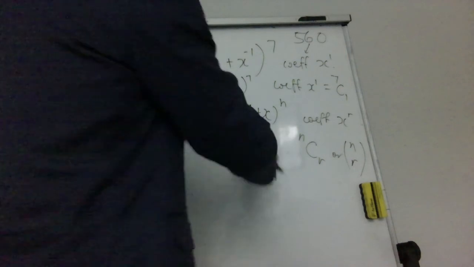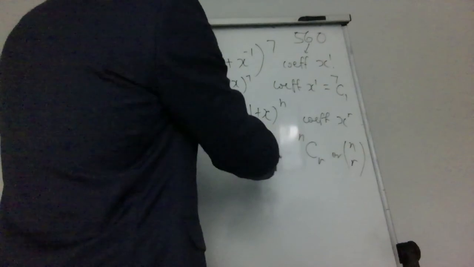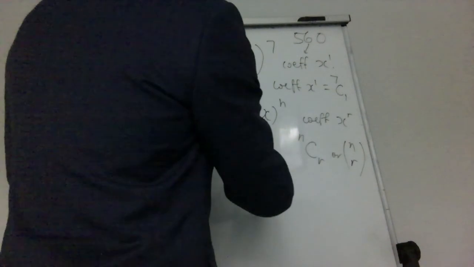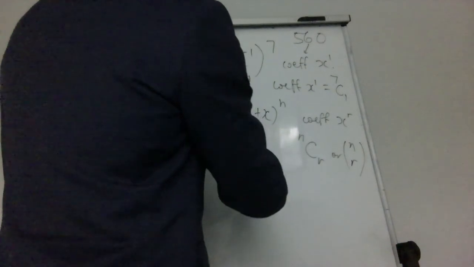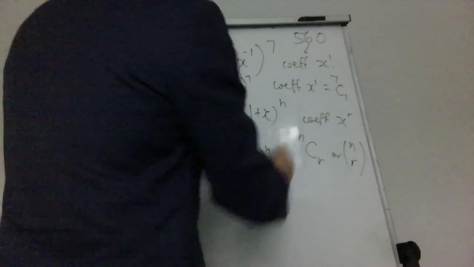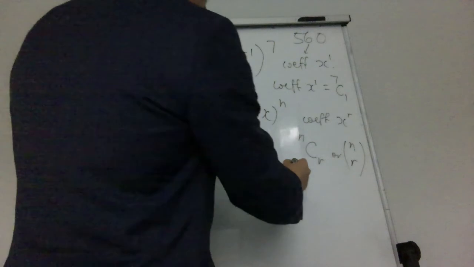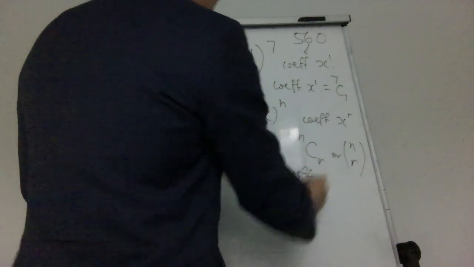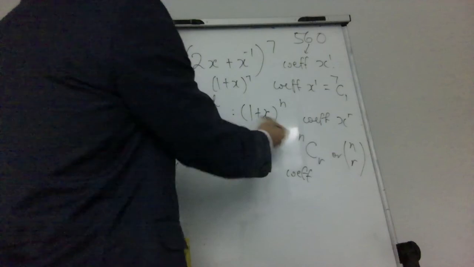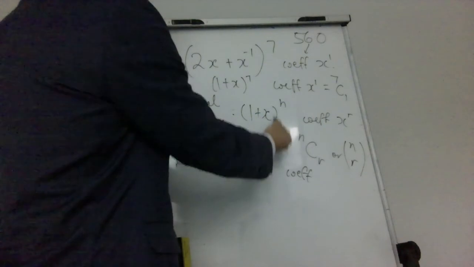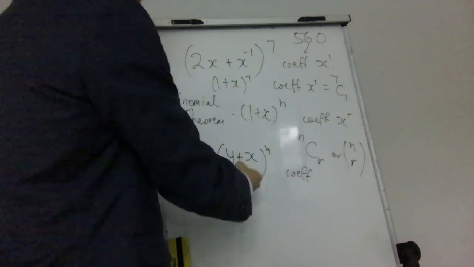So in general, you can phrase the binomial theorem another way when there are two different numbers. You have (y + x) to the power of n, and then the coefficient. So now it's truly binomial, because there's a special place for the second nomial, and this is like a balance between the two.